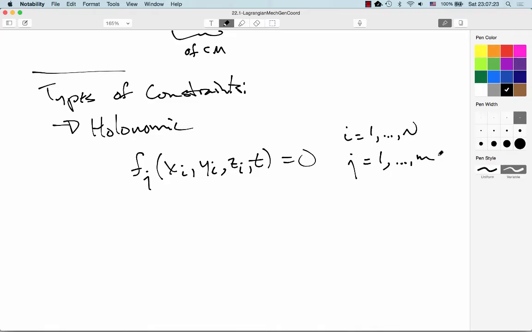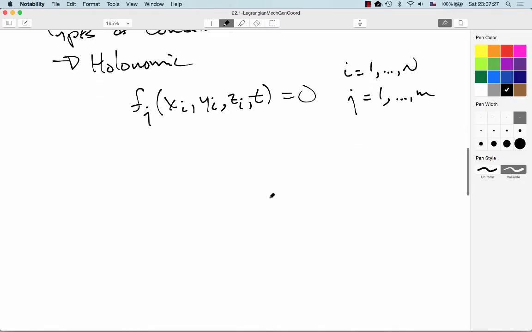So if we can write it in this form, it's holonomic. Now, if there's no explicit time dependence here, then that is a fixed or scleronomic constraint.